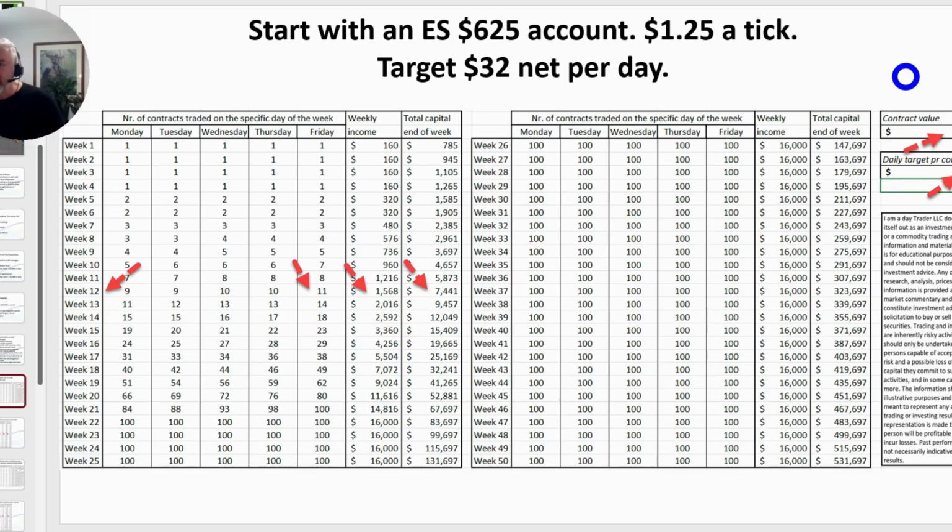Now you may say, oh Ray, I don't have that sort of money. That's fine. You can start by trading a micro account, which is 10% of the value. So what you're looking at here is you need $625. You can start from there. Now if you go for a net $32 a day, on the micro it's $1.25 a tick.